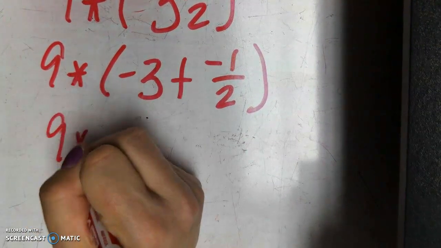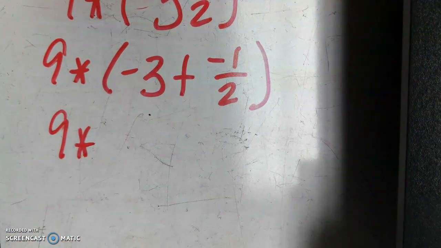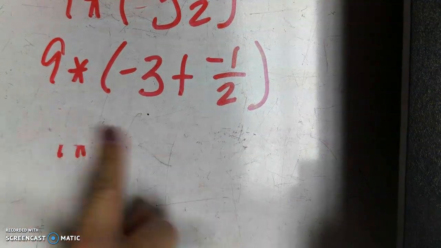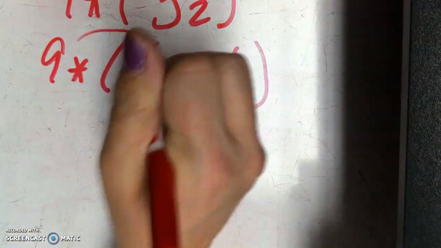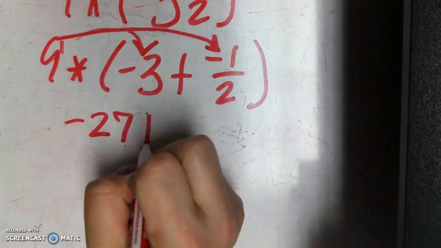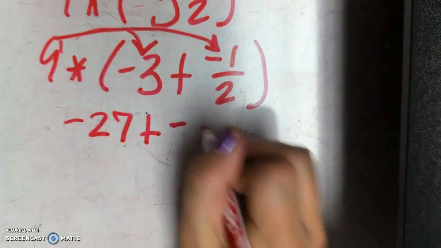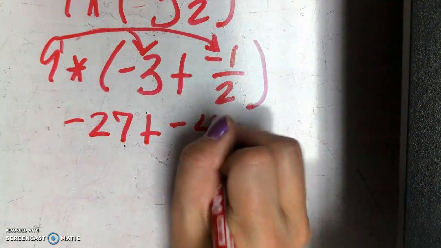I can say 9 times, if I add these together, we're going to go back to there. So we can say here, let's say we want to do it this way. We're going to distribute this through. So 9 times -3 is going to be -27. Half of 9 is going to be -4.5.